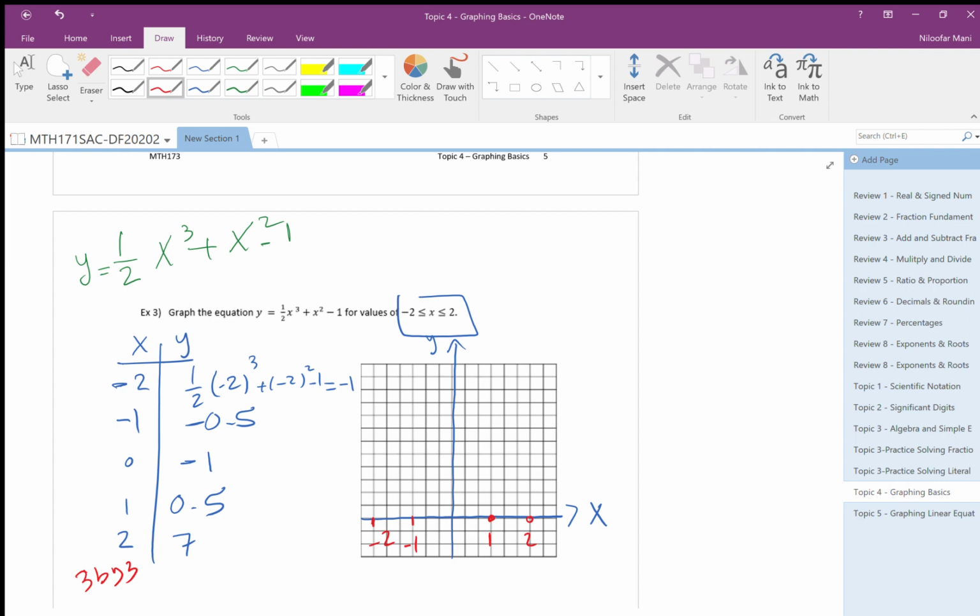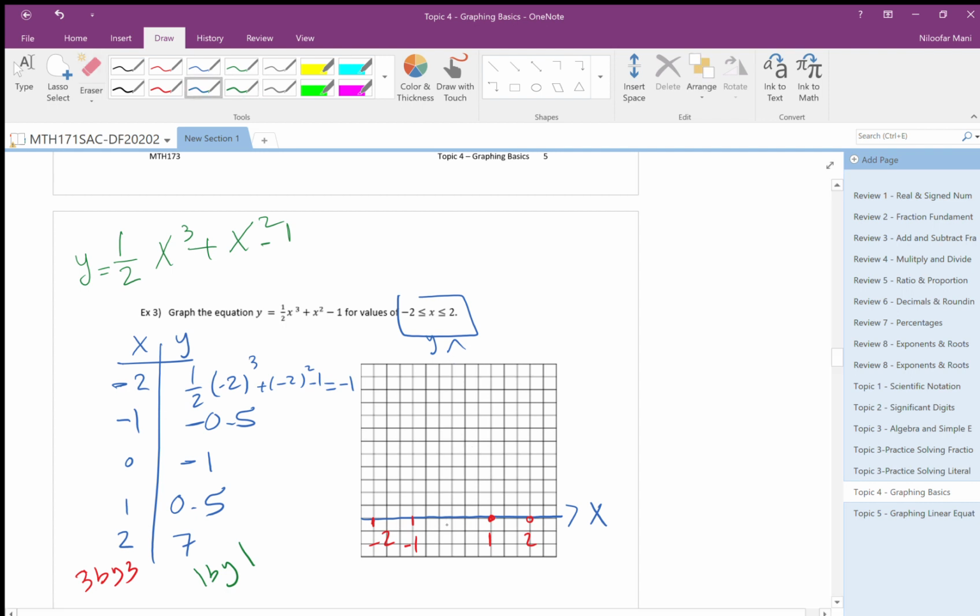Here I don't have a space to go one by one, so I go 2 by 2, because I have up to 7.